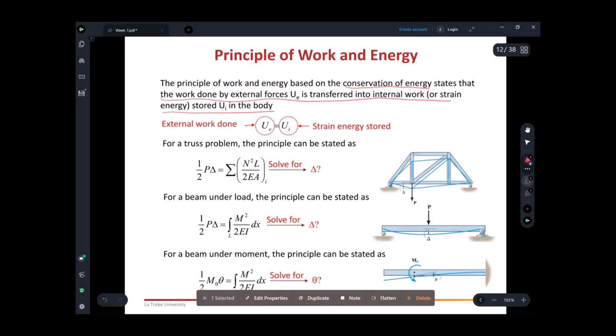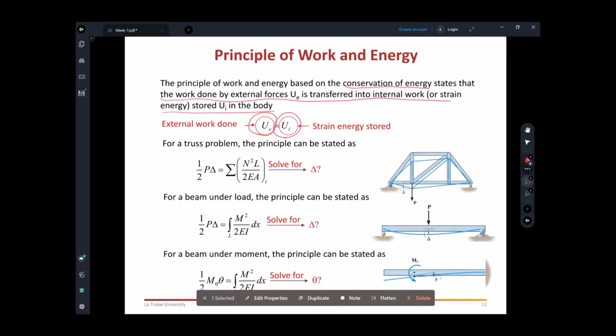It means that whatever you are applying externally, let's say you are pulling a box in a direction, then you have done the work, so the same amount of energy is stored in the body as internal work. That's what conservation of energy says. So whatever you do externally should be equal to internal. So the external work done should be equal to the internal work done. So I hope you understand the two quantities.